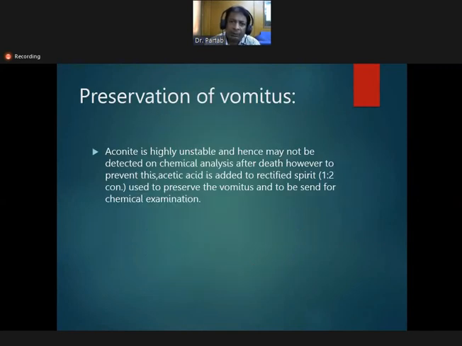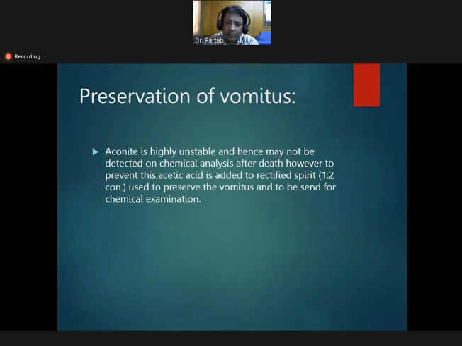Preservation of vomitus to diagnose the poison. It's very important to save the initial vomitus and send it to the chemical lab for chemical analysis of the poison. Aconite is highly unstable and hence may not be detected on chemical analysis. It is very difficult to diagnose.